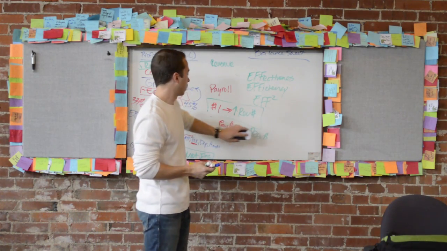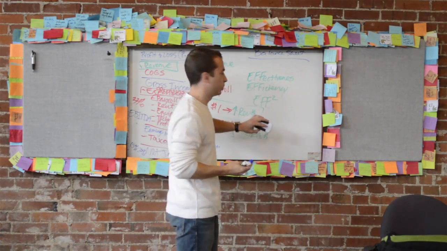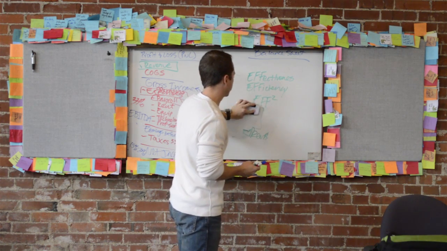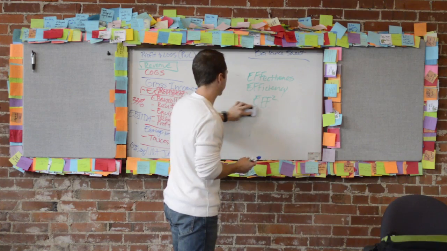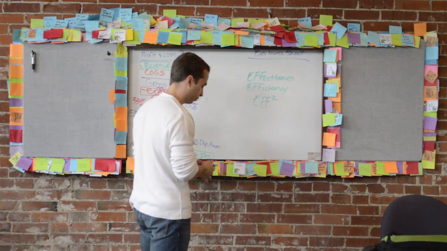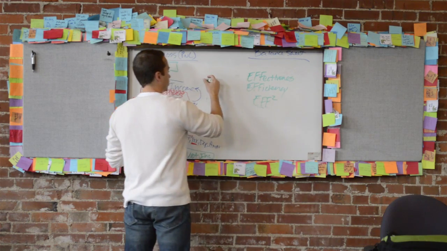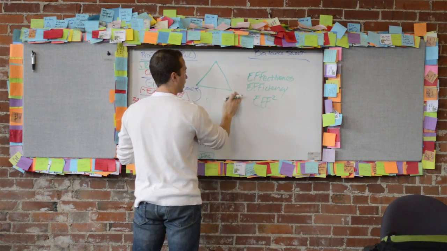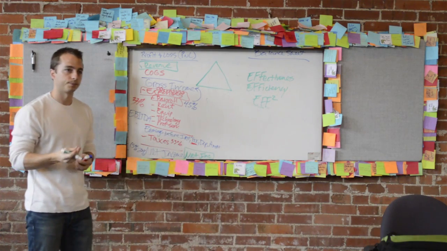Mm-hmm. So what I was trying to work on, Ben saw me earlier, I was trying to work on a geometry lesson to kind of show how this works. And I couldn't get the full ratio going, but we've talked in the past about pyramid growth, right?